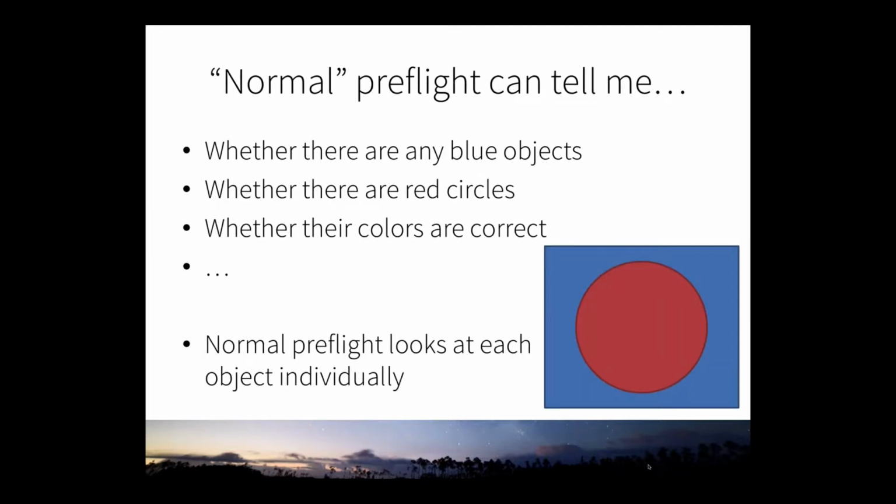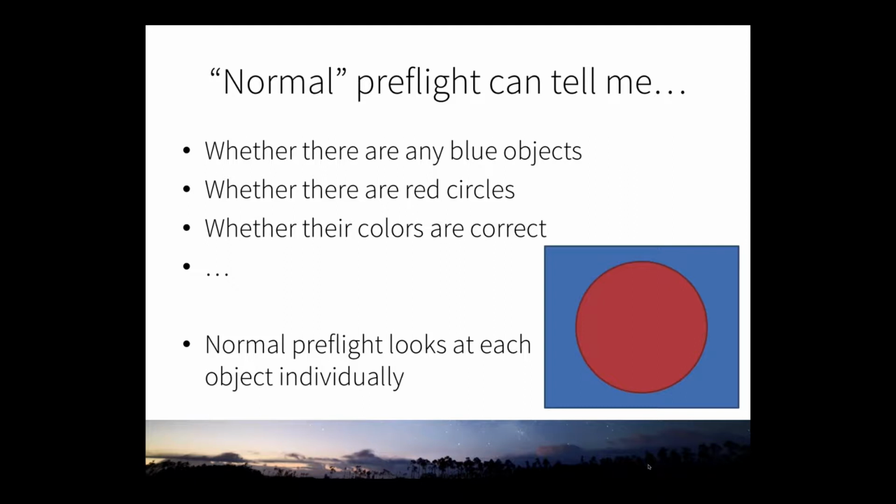If I use traditional preflight software, it can answer questions for me, such as: are there any blue objects? I could conceivably even write a preflight check that tells me how many blue objects there are. Are there any red circles?